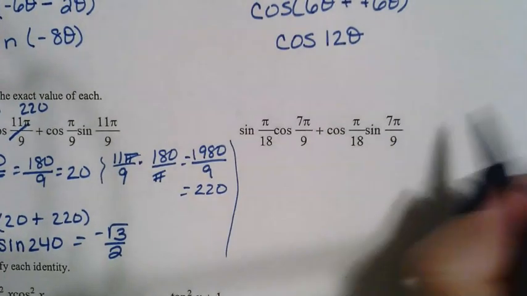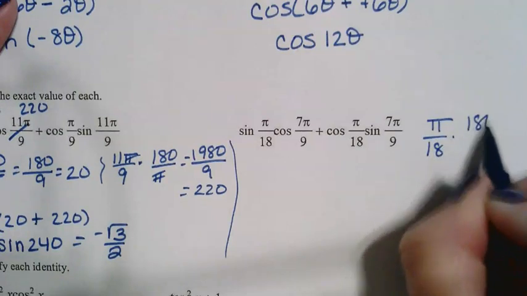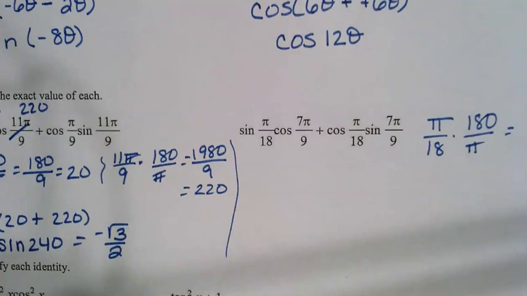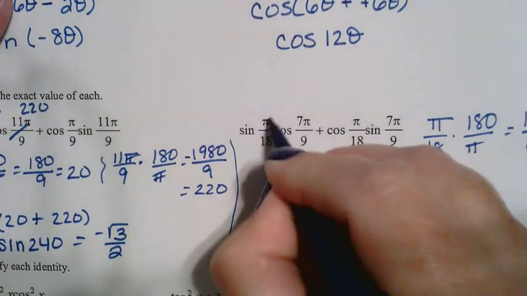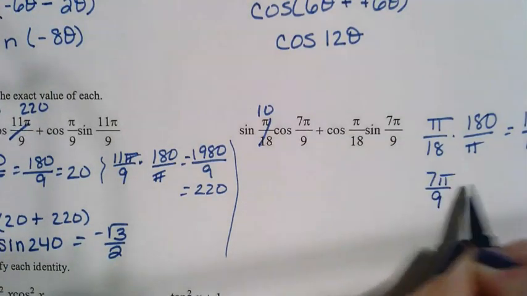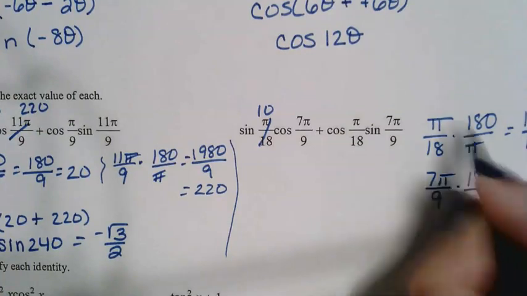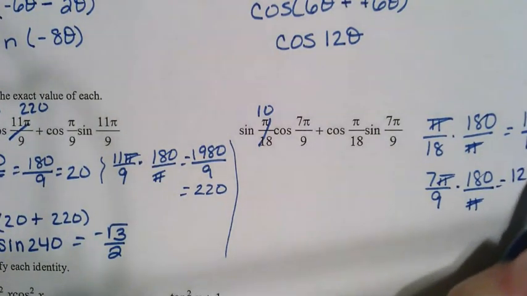Okay, so let's do the same thing here. So pi over 18 times 180 over pi. So 180 over 18 is 10. So this is 10. 7 pi over 9 times 180 over pi. So like this, the pi's cancel. So 7 times 180 is 1260.